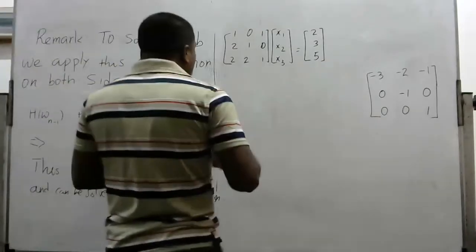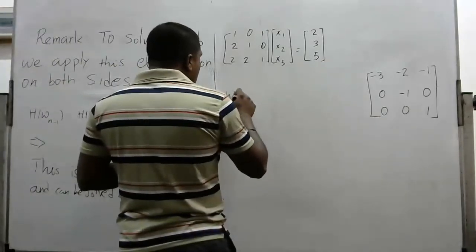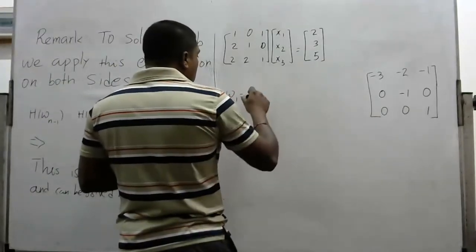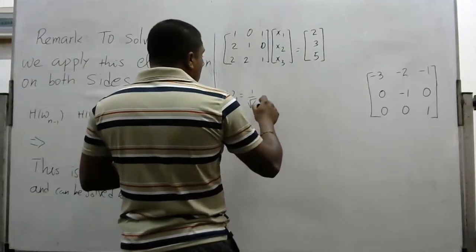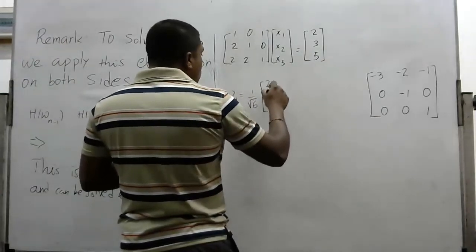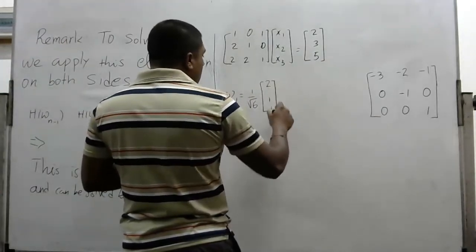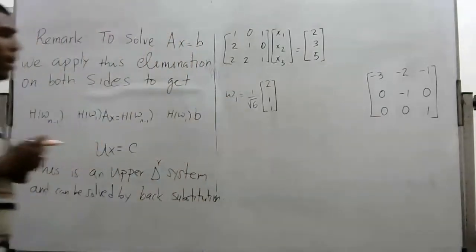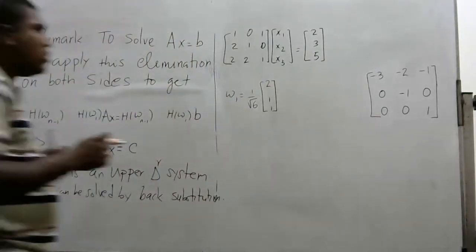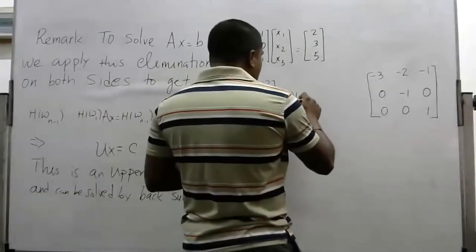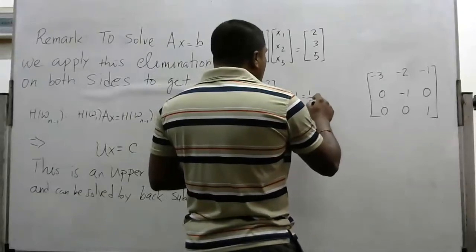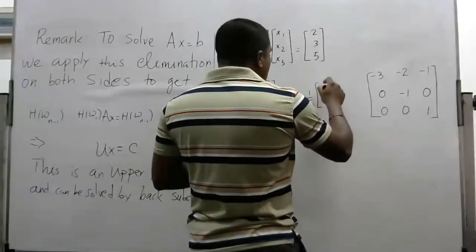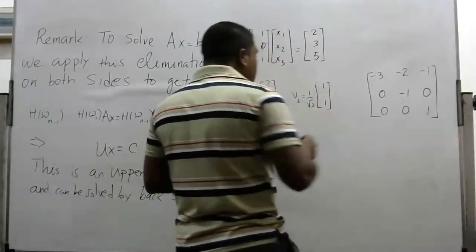You remember you have chosen omega 1 as 1 upon square root of 6 times 1 1 2, right? And then you choose V2 as 1 upon square root of 2 times 1 comma 1.